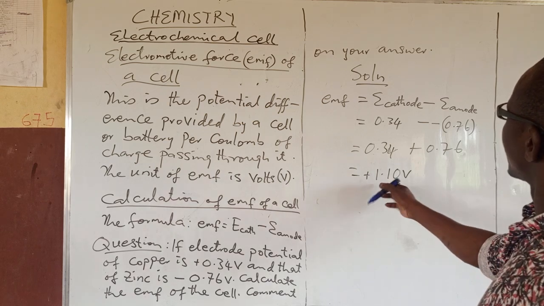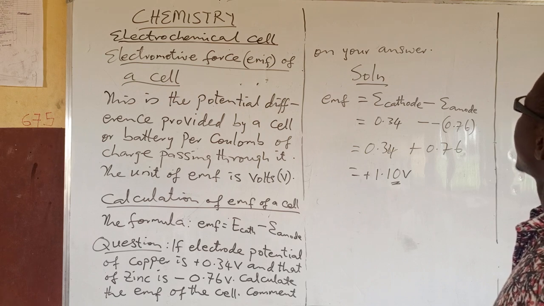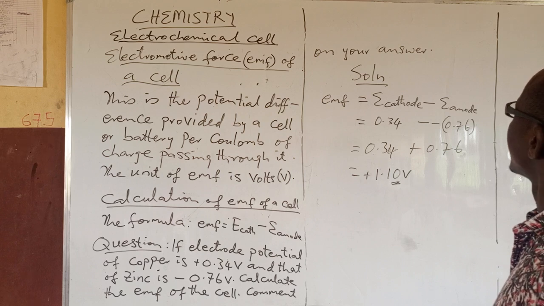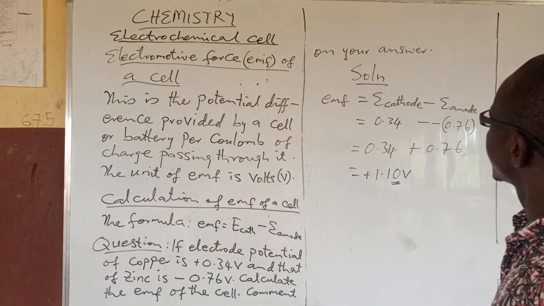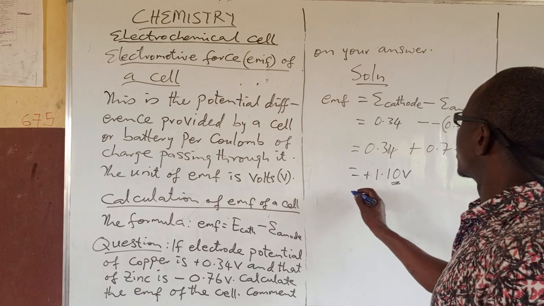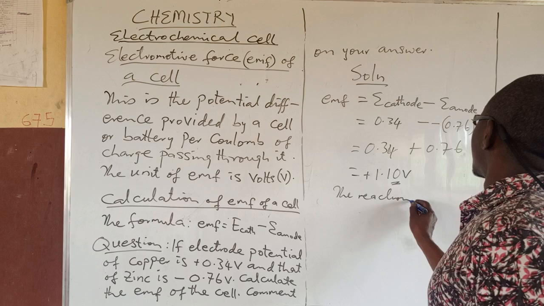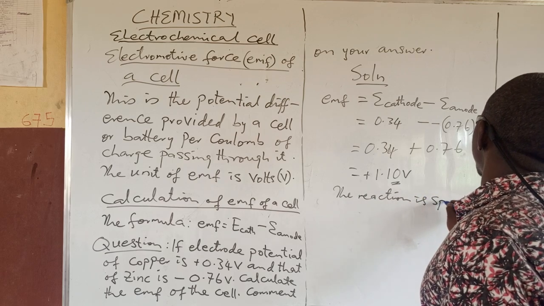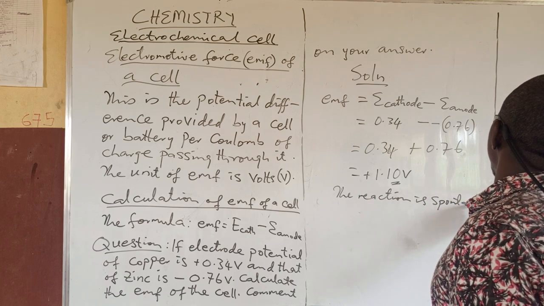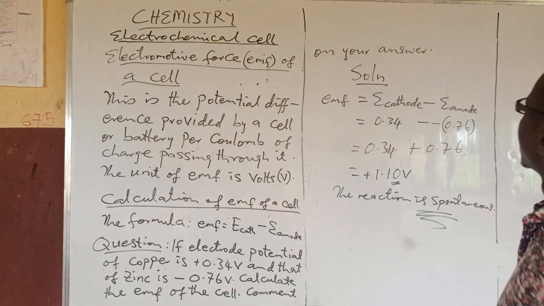Having known that, once you see the value being plus, that means that the anode can reduce the cathode. That's what it means. So now I can therefore say that the reaction is spontaneous. That's all. You're done with it.